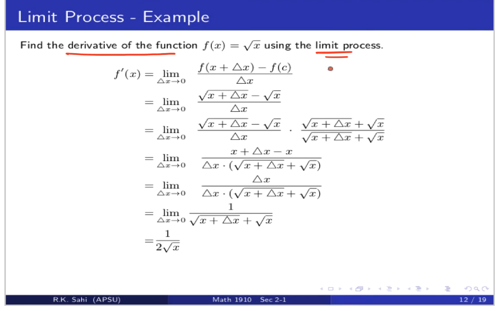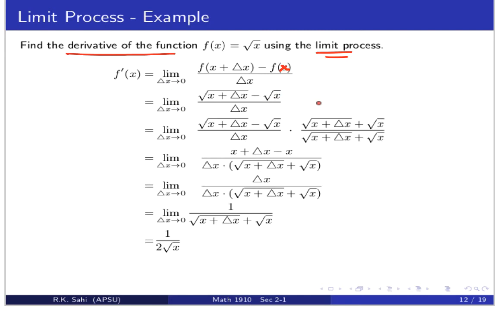Here the only difference is, oh, this should be an x, guys, a little typo. So f prime of x is the limit as delta x approaches 0 of f of x plus delta x minus f of x over delta x. Now remember, your function is a square root function. So we have square root of x plus delta x minus square root of x over delta x.